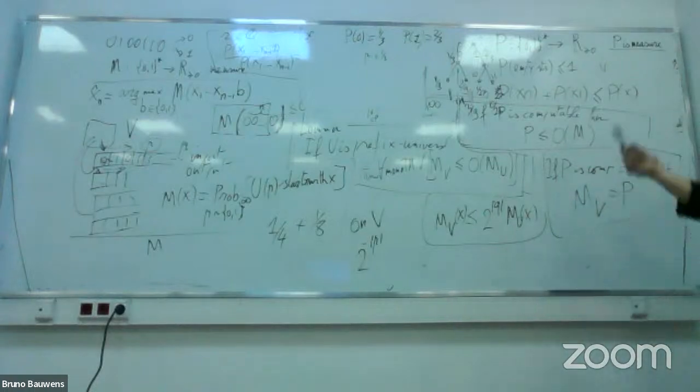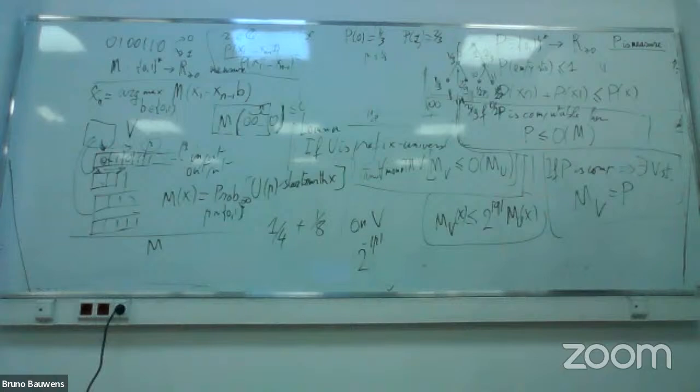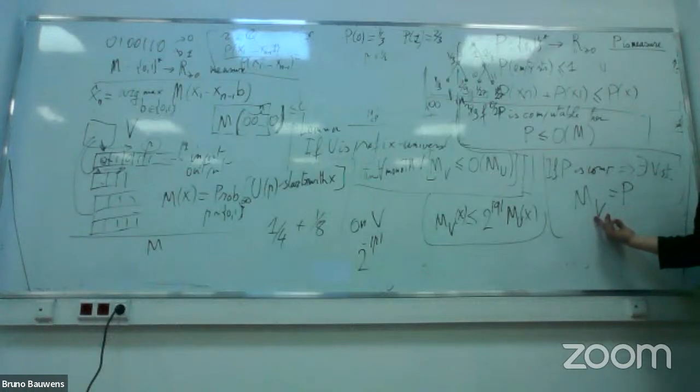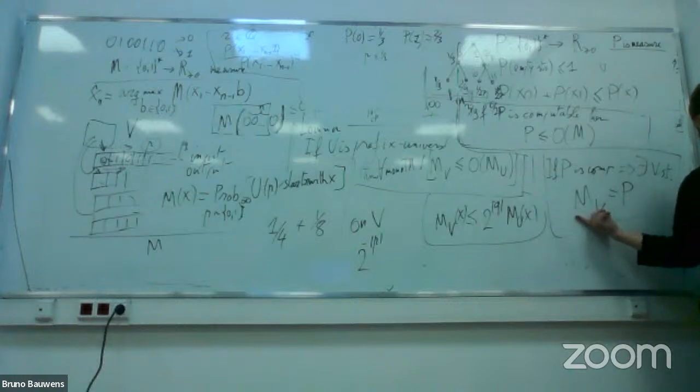So it's just a general programming technique. And if we apply this technique, we obtain a machine that generates outputs precisely according to the measure P. So if P is computable, we have a machine V that samples precisely according to this distribution.